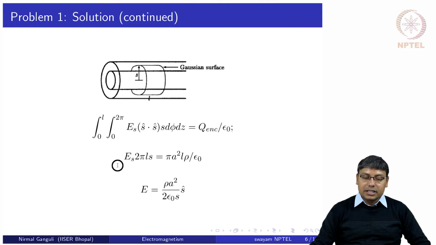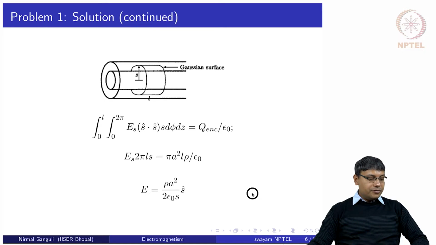So, with this we can again find that Es times 2 pi L s is this time pi a squared, not s squared, a squared, where a is the radius of the inner cylinder, times L rho over epsilon naught. So, the electric field this time can be written as rho times a squared over 2 epsilon naught s, along s-hat.